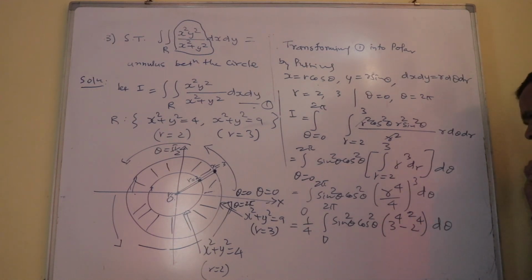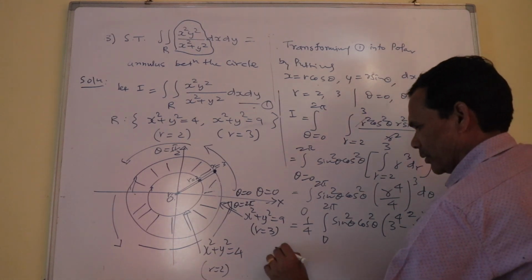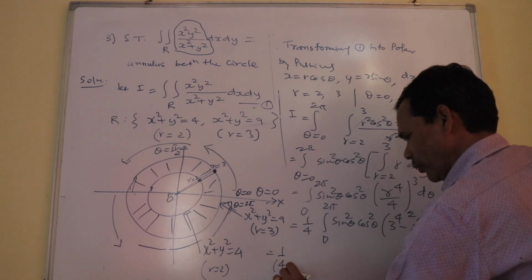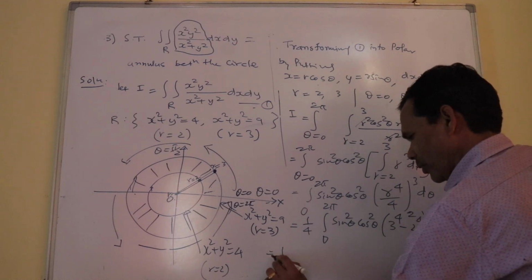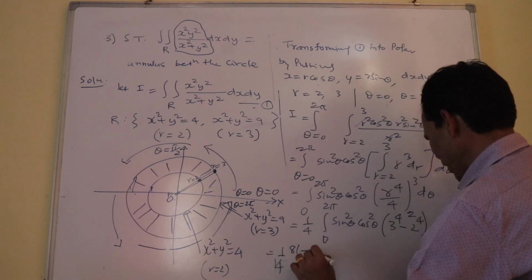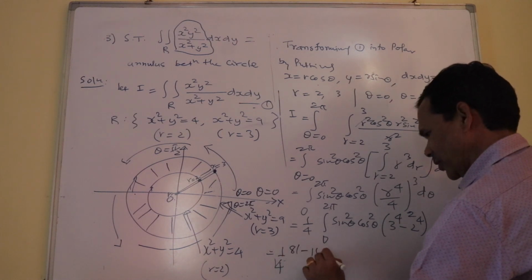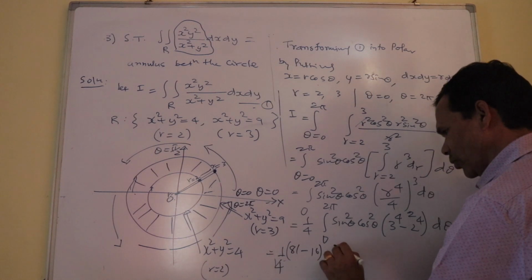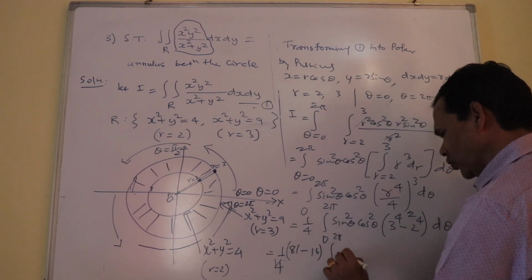So 3 raised to 4 is 81. This is equal to 1 by 4, this is 81 minus 16, 2 raised to 4, and 0 to 2 times pi sin square theta.